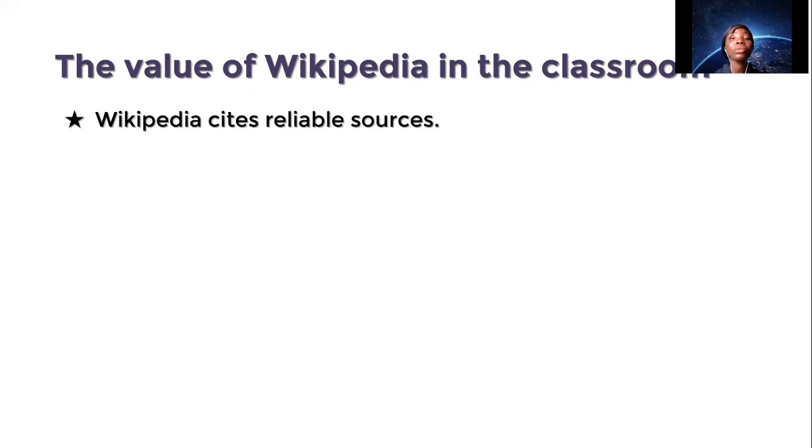And we also have some newspapers that you can use that are reliable. Reliable secondary sources would also be textbooks and journals online that you can cite. So this makes Wikipedia not a dumping ground for anyone to just come and contribute, like we have in some blogs.